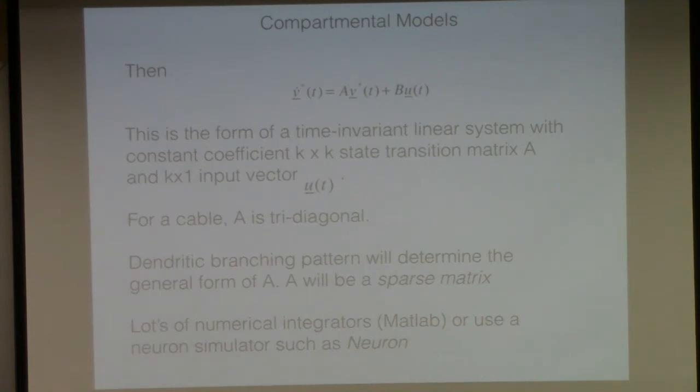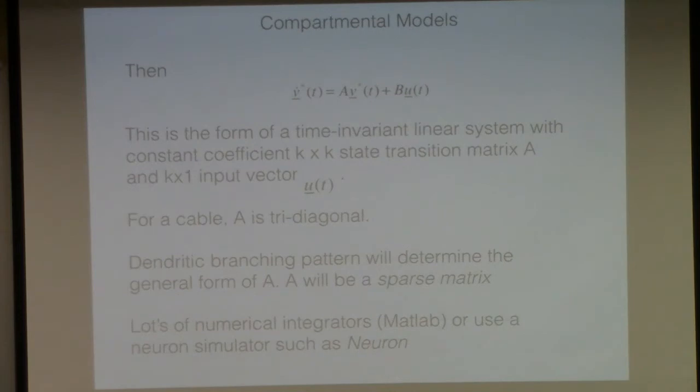And so if that's the case, then the state transition matrix A will have this tridiagonal structure. Now in general, if the cable is not simple, if it is branched, then the elements of A get filled in. It's not a tridiagonal matrix.